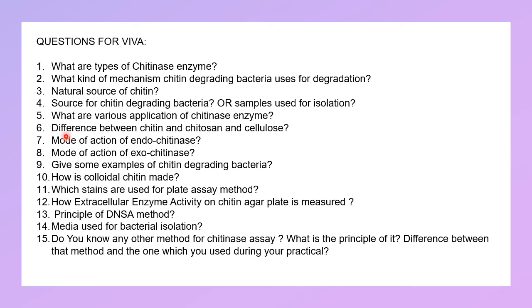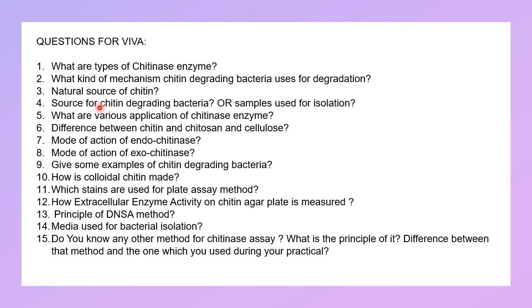Next is about the natural source of chitin, or you can get a question on chitosan and cellulose, depending. Source of chitin degrading bacteria, or what samples you used for your practicals for isolation. Then what are the various applications of chitinase enzyme, the difference between chitin, chitosan and cellulose, the mode of action of endochitinase, the mode of action of exochitinase, and some examples of chitin degrading bacteria, or what particular bacterial isolates you got in your practicals.